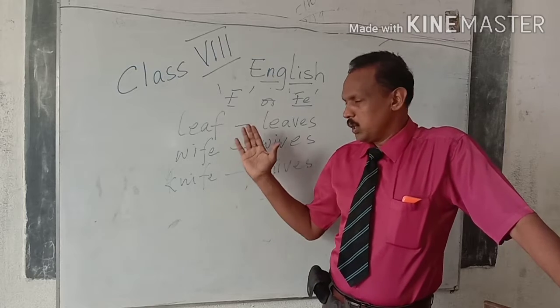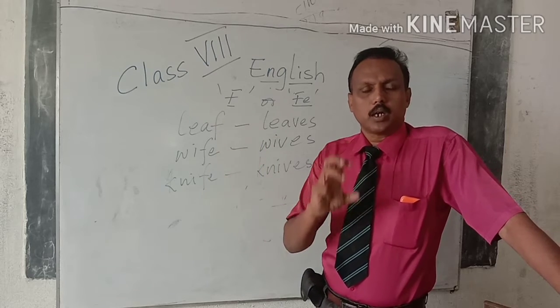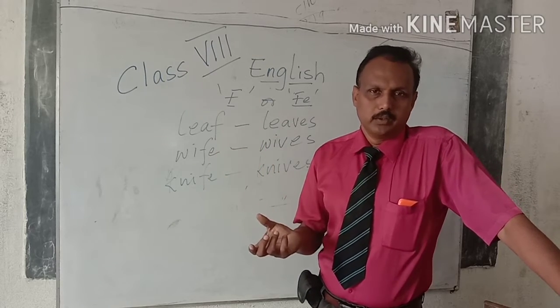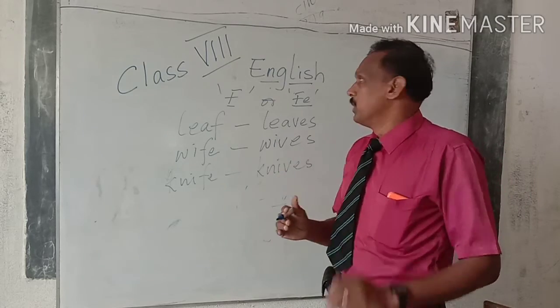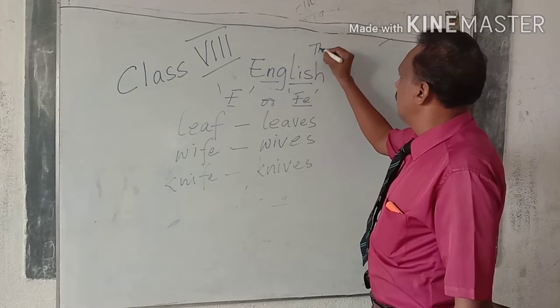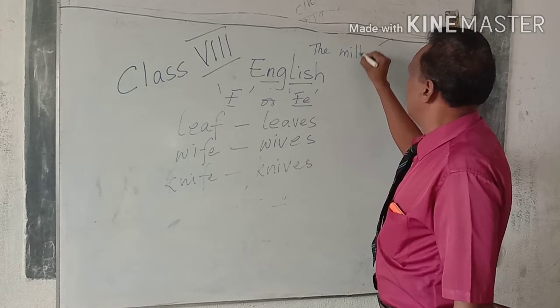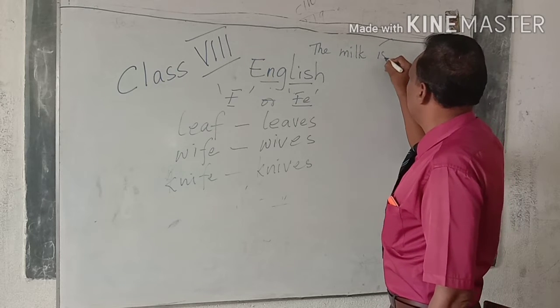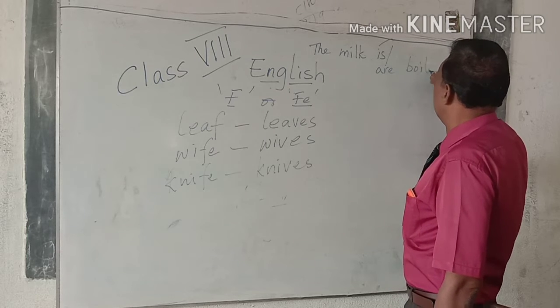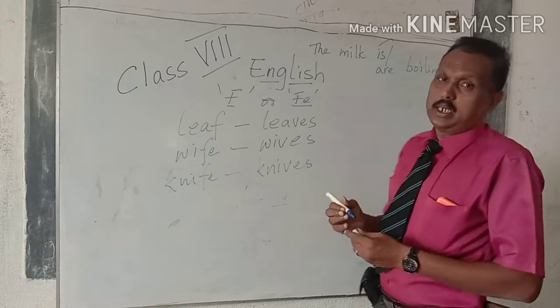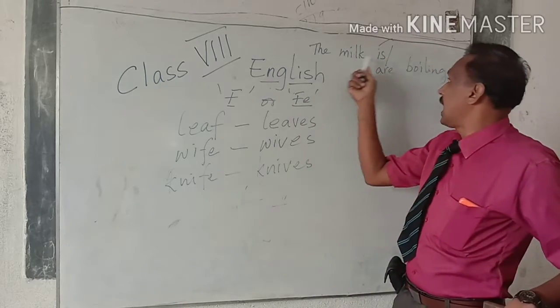So today what did we learn about? We learnt about countable nouns and uncountable nouns. And in uncountable nouns you should know, though there is a large quantity, for example, the milk is or are boiling. Which one do you think is the correct one? The milk is boiling or the milk are boiling?